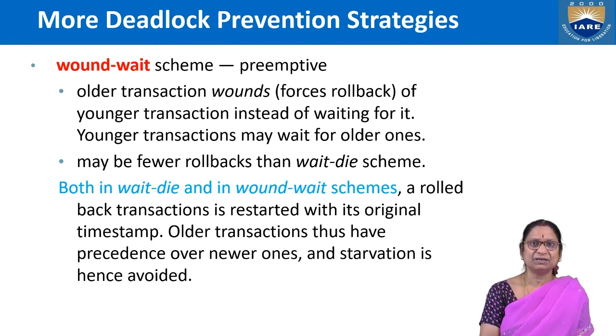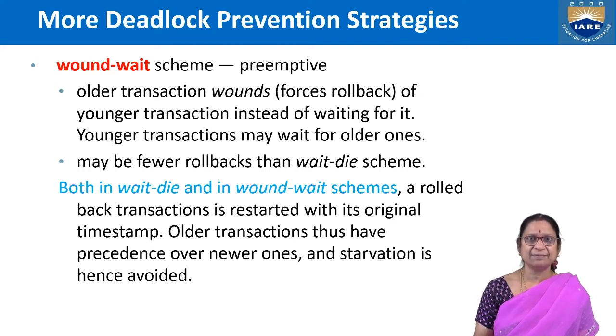That is, it forcibly rolls back the younger transactions instead of waiting for them. It is the reverse: in this scheme, younger transactions will be rolled back instead of waiting for the older transactions to release the respective locks or required data items. But a younger transaction may wait for older ones. So those are the wounds.